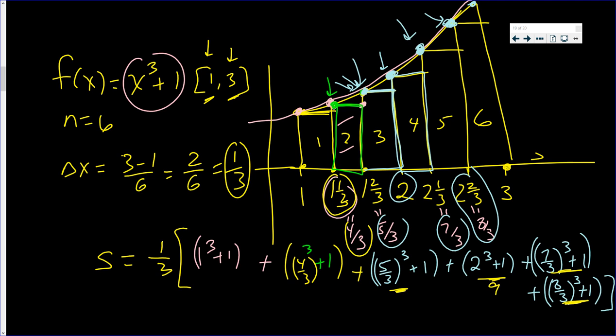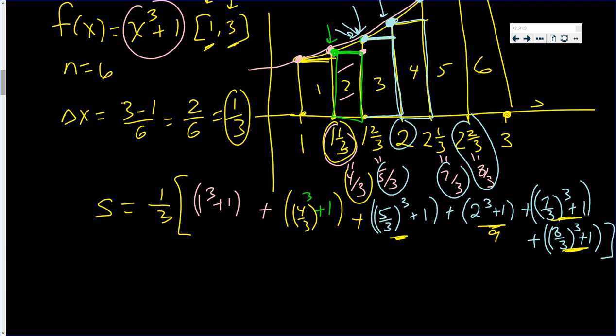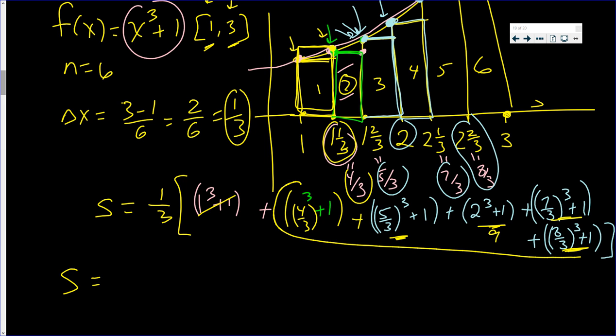And when it comes to the big S, since this function is increasing, we're not going to get the first one, because between these two heights, we're going to use the higher one. But this area is the same as what area 2 was. So it's really going to be all of this plus the last one.